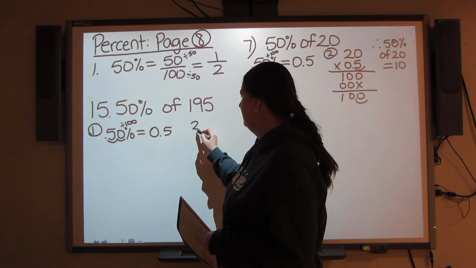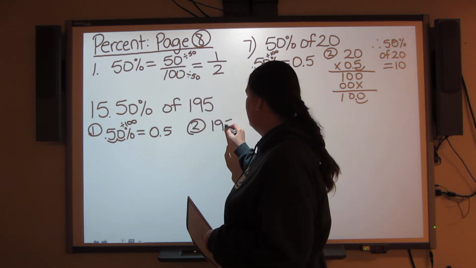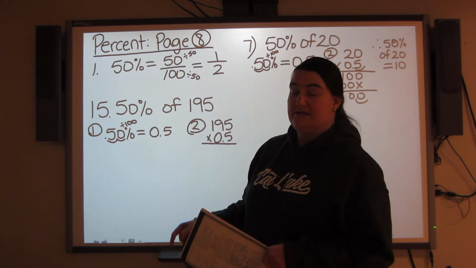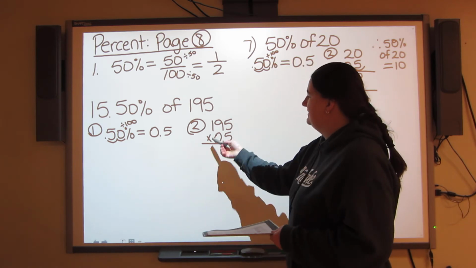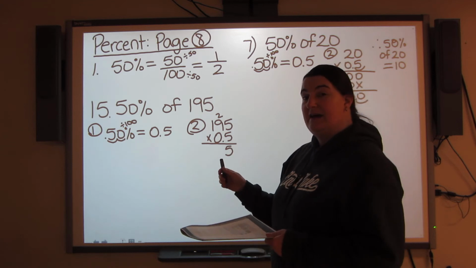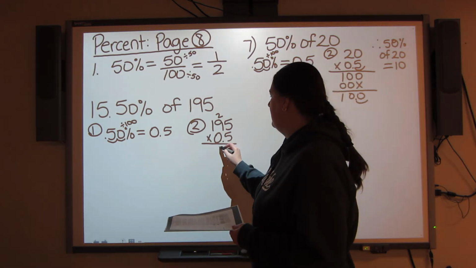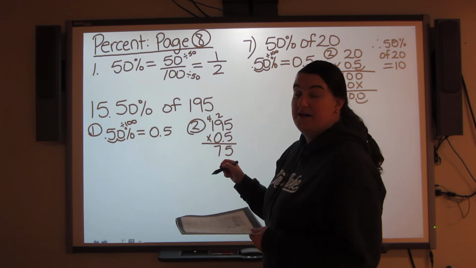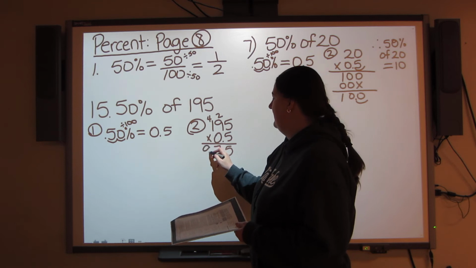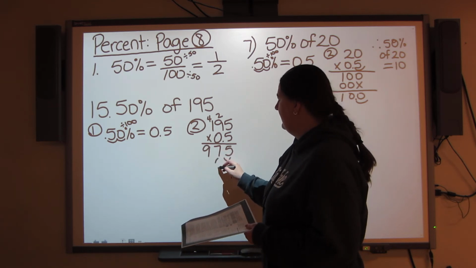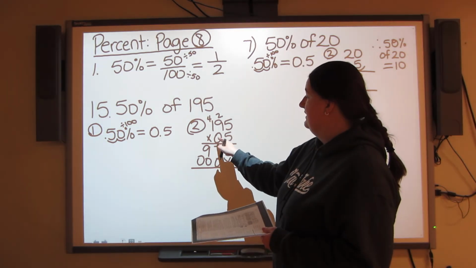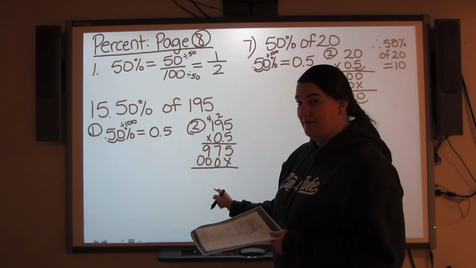And then step 2, 195 times 0 and 5 tenths. 5 times 5 is 25. Carry your 2. 5 times 9 is 45, plus the 2 that you carried is 47. Carry your 4. 5 times 1 is 5, plus the 4 that you carried, 9. Put your X in your zeros, because the second line is a 0. 0 times anything is 0.